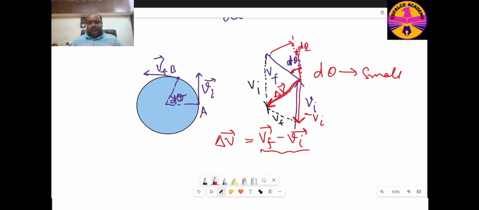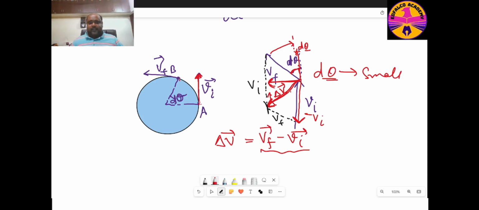You can see that this vector will also move in the upward direction, right? Till a point, if d theta is very small, this vector is almost like a horizontal line, right? So if this is the tangent line, if B is very close to A, right?